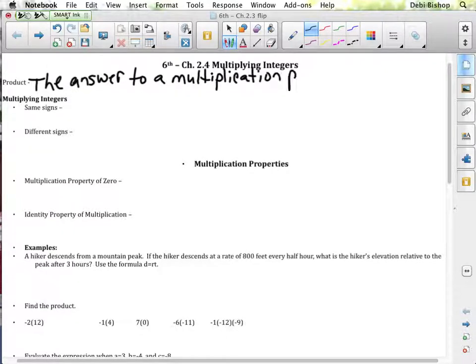So when we're talking about integers and multiplying them, we come up with the word product a lot. So when we talk about multiplying integers, we're talking about multiplying two numbers together.